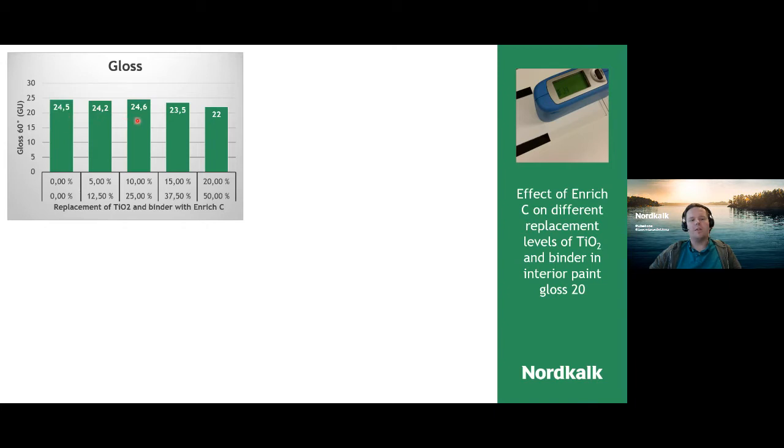Then it starts to decrease a little bit with the higher replacements, meaning that here we are already going above the critical PVC of paint. And then of course the gloss starts to reduce a bit, but still we have a high level of gloss.